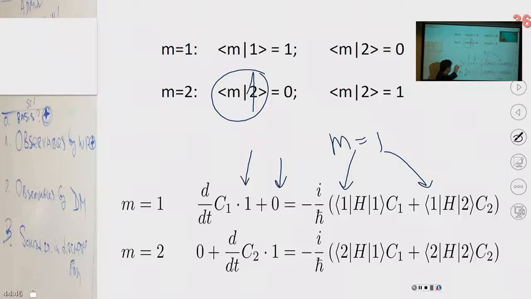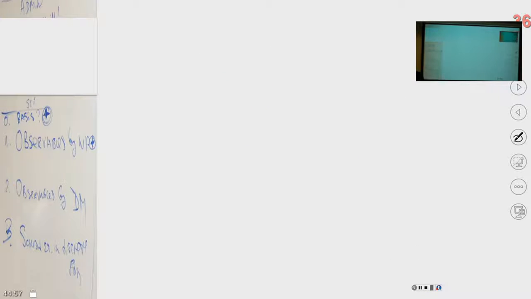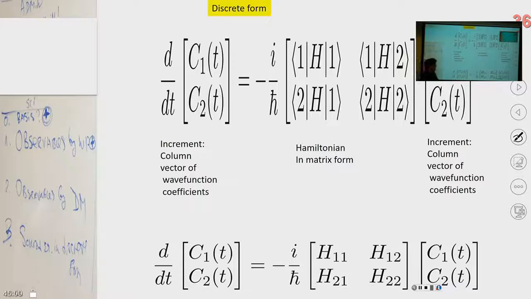Now we can realize that this can be considered as a column vector, and this is multiplication of this matrix by this column vector. Expansion coefficients C1 and C2, and the matrix elements of the Hamiltonian operator. So there are two types: matrix elements of our operator of interest and matrix elements of the Hamiltonian operator. And if you know them, they drive the time propagation of the expansion coefficients.